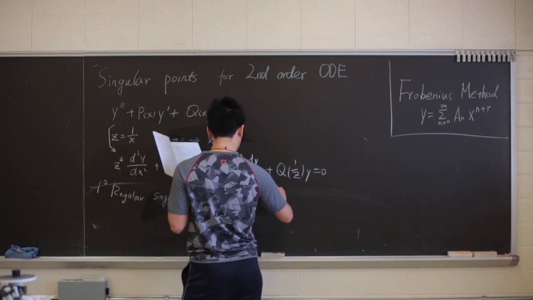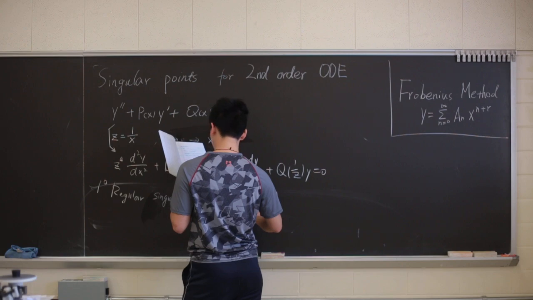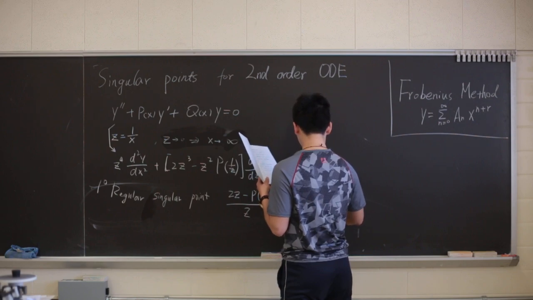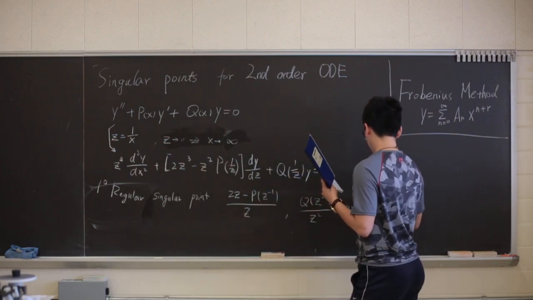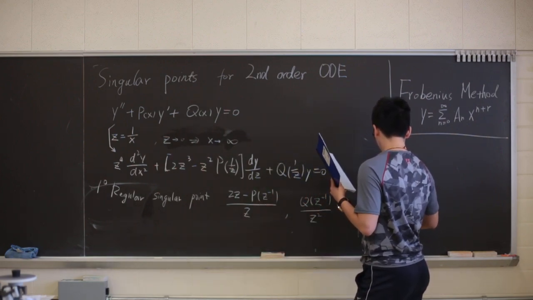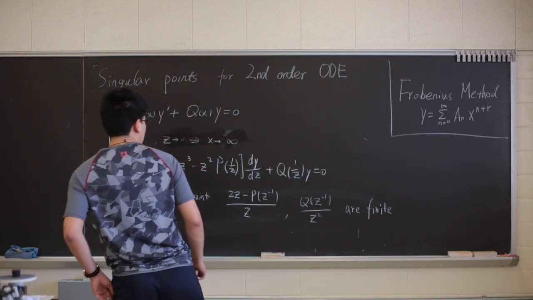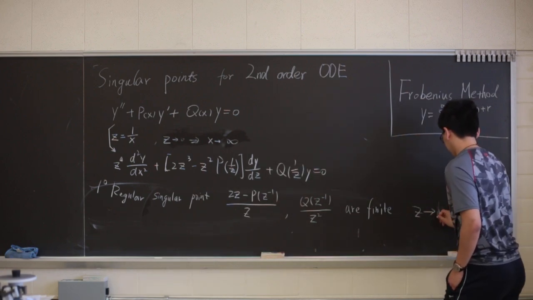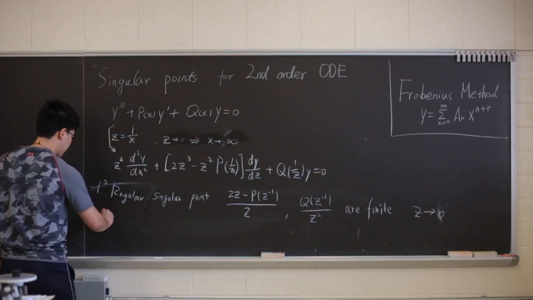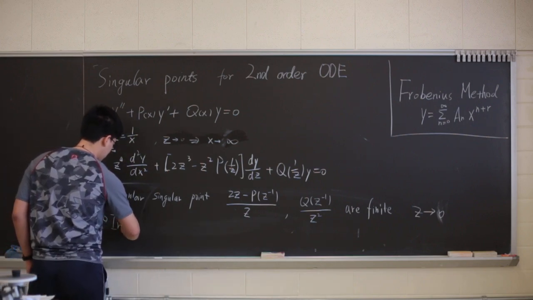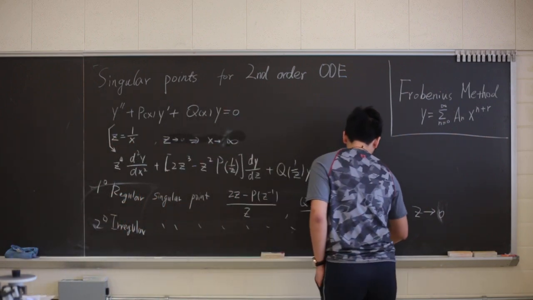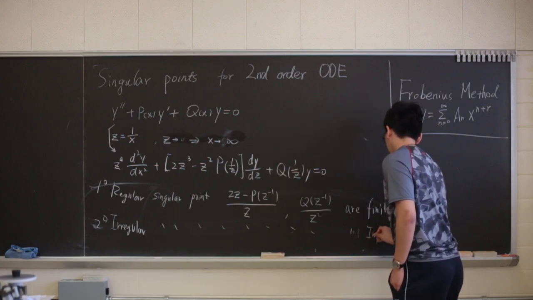The criteria will be that the two expressions involving p(1/z) and q(1/z) are finite as z is approaching 0. So for an irregular singular point, they will be infinite.